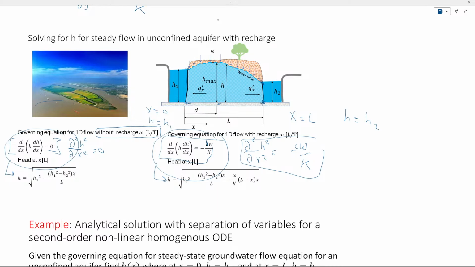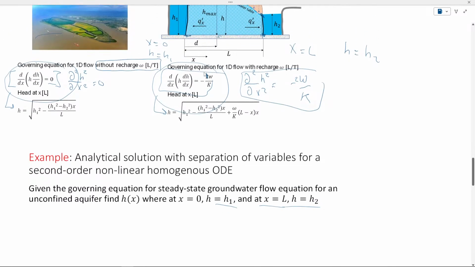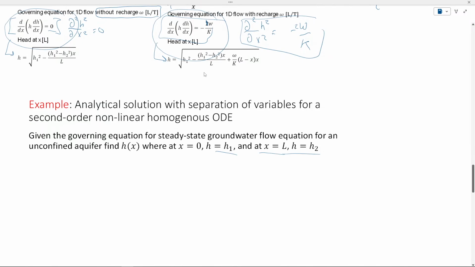So I have the head here and I have the head here. And I was basically asking you to solve this equation. I have an equation here, d/dx of h dh/dx equals 0. So I have something that looks like this.